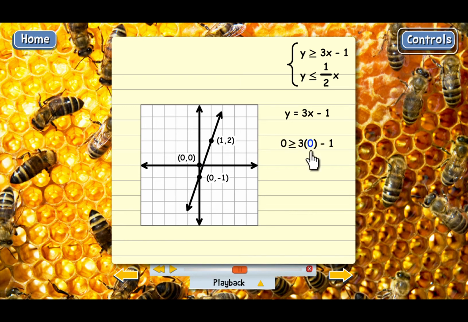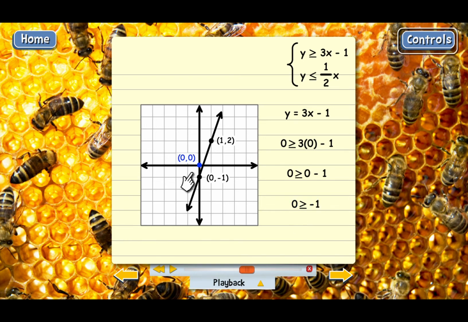When we plug in 0 for x and 0 for y in the inequality y is greater than or equal to 3x minus 1, that gives us 0 is greater than or equal to 3 times 0 minus 1. 3 times 0 is 0, and 0 minus 1 is negative 1, so that gives us 0 is greater than or equal to negative 1, which is true, because negative 1 is less than 0.